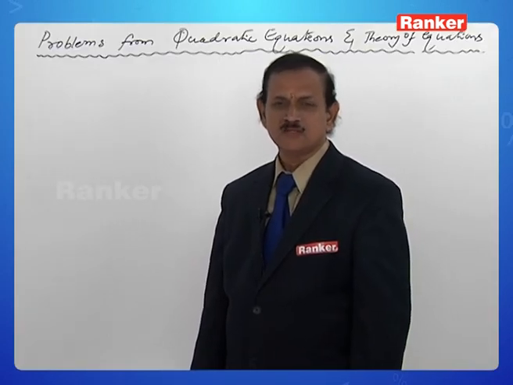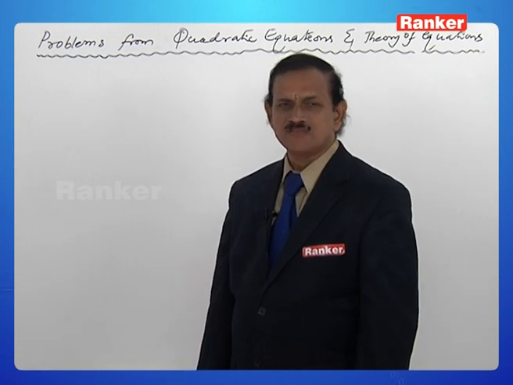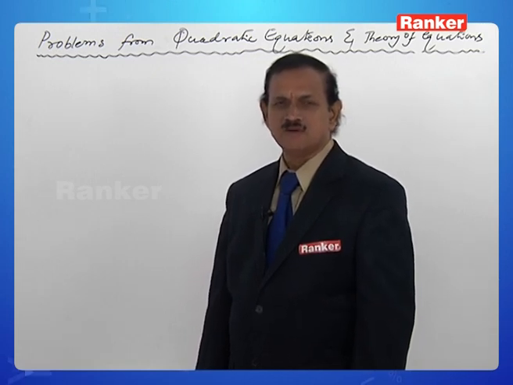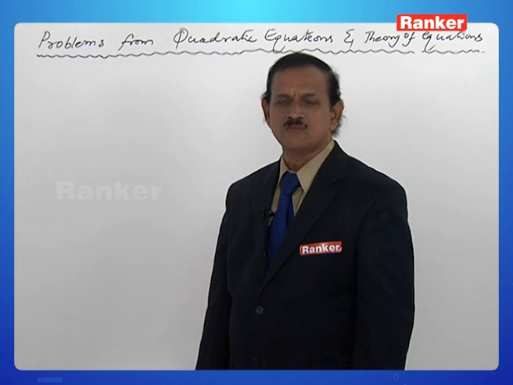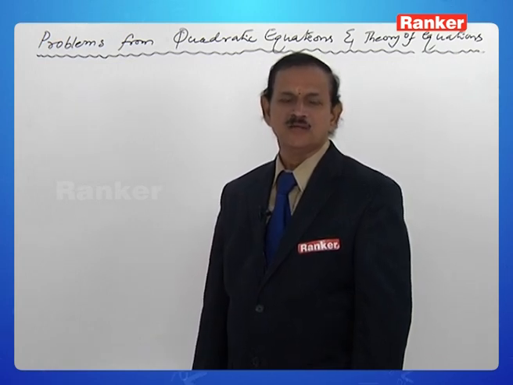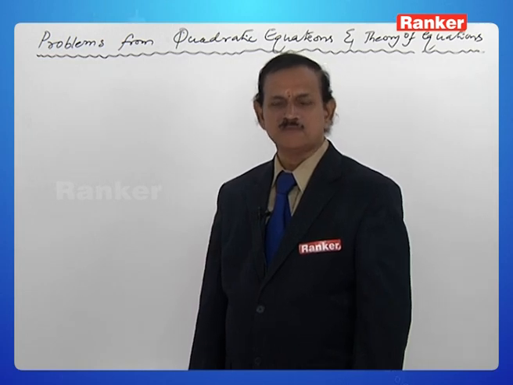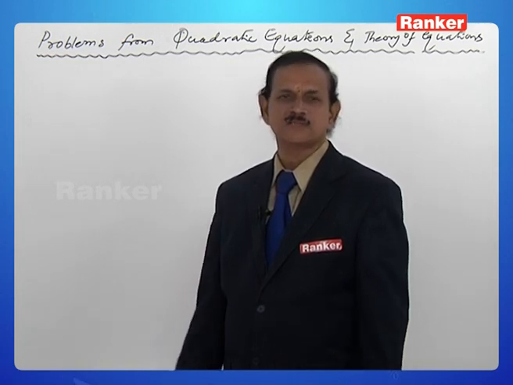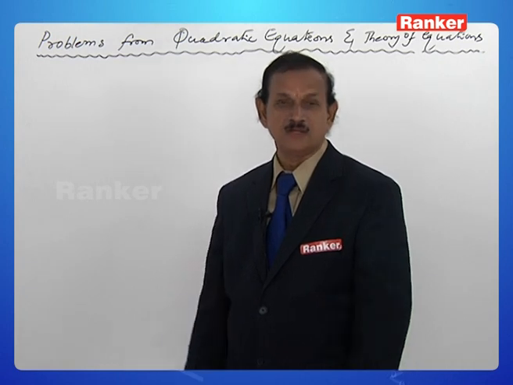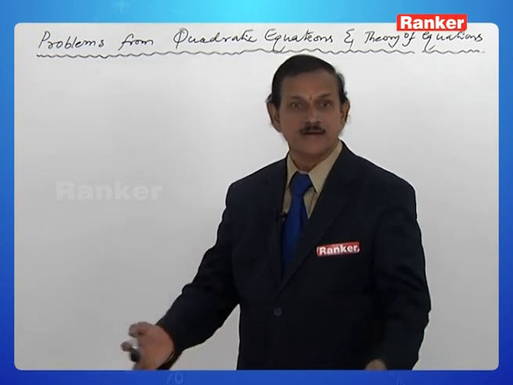What is b actually? By looking at the equation, it is sum of all the products of the roots taken two at a time. That is, if alpha, beta, gamma, delta are the roots, then alpha beta plus alpha gamma plus alpha delta plus beta gamma plus beta delta plus gamma delta is just nothing but b. We are supposed to find b.